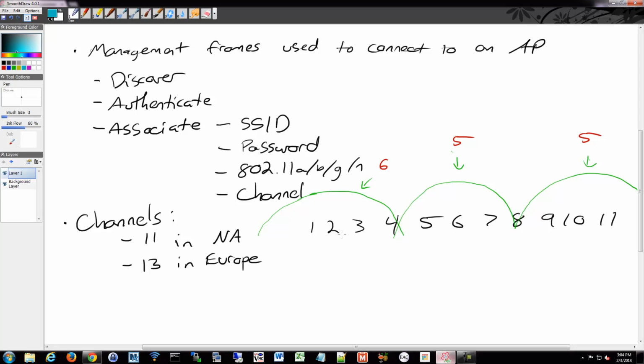I might overlap with these other channels, but the maximum of my channel is on this tail end of the others that don't overlap. So if there's a ton of people on 1, 6, and 11, I may use 3 or 4 or 7 or 8 or 9, and that way the peak of my channel frequency is somewhere in that lesser used area of the band. So you have to kind of fiddle with that.